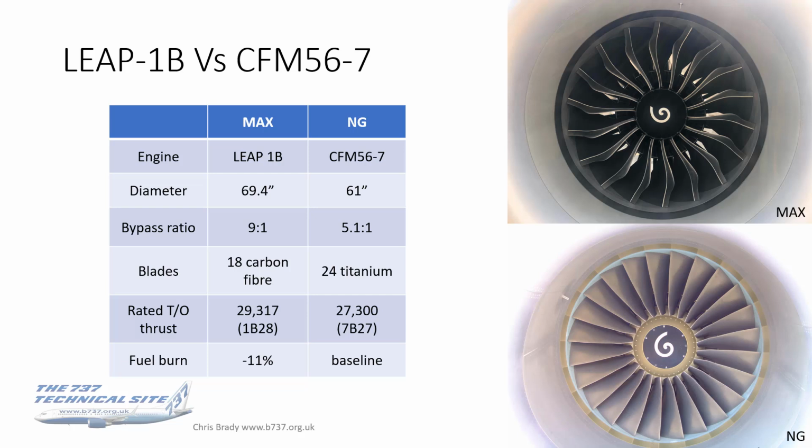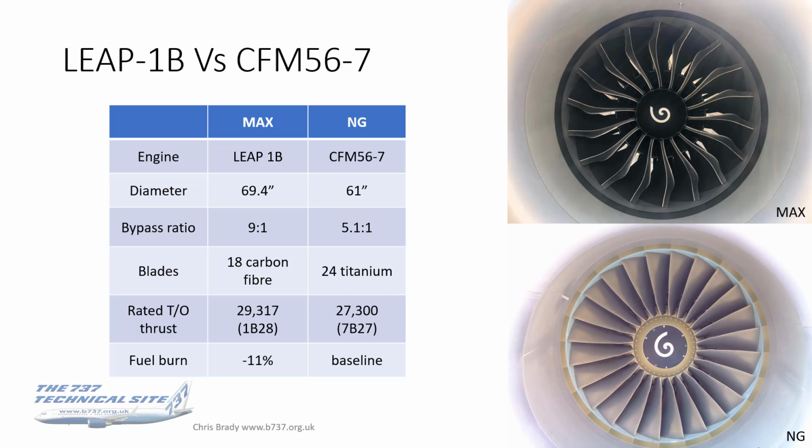Max thrust for the Max at the moment is 29,317, but there's talk of this going up to 31 for the Max 10. That will probably be as a takeoff bump function. I don't imagine that will be a full certified max rate.